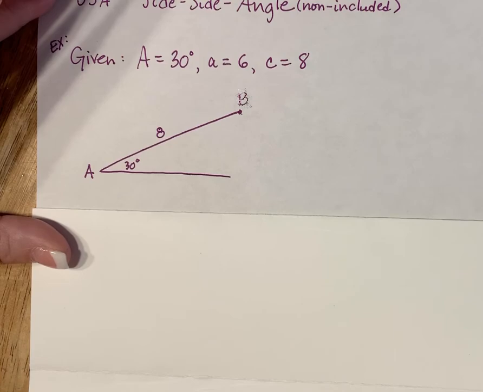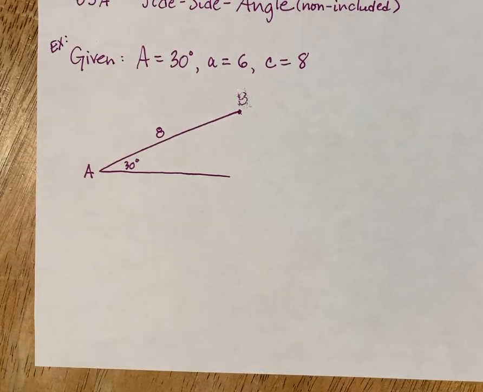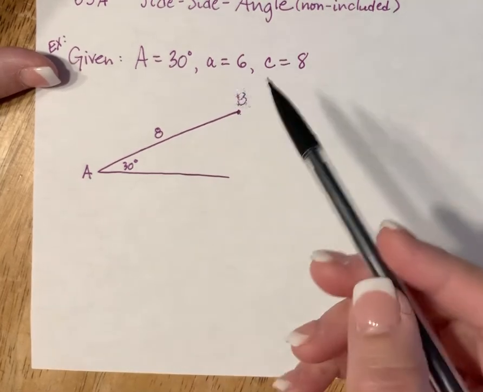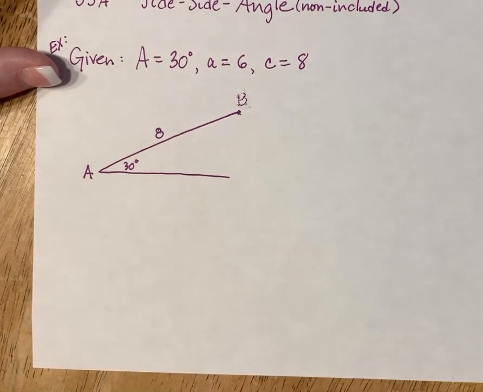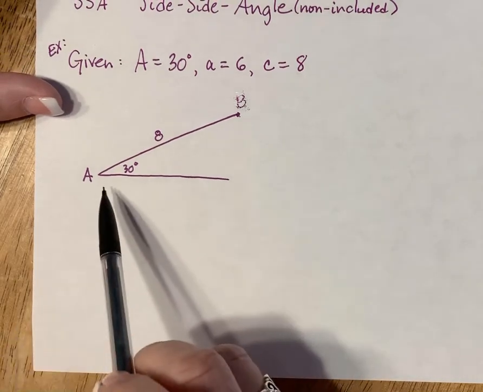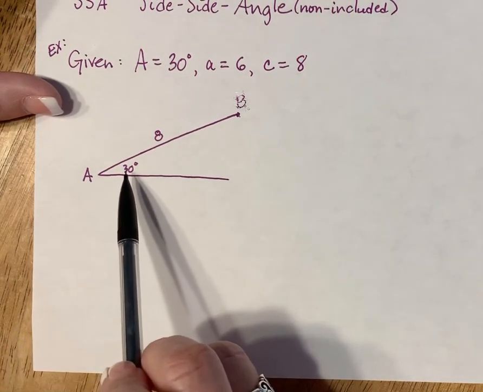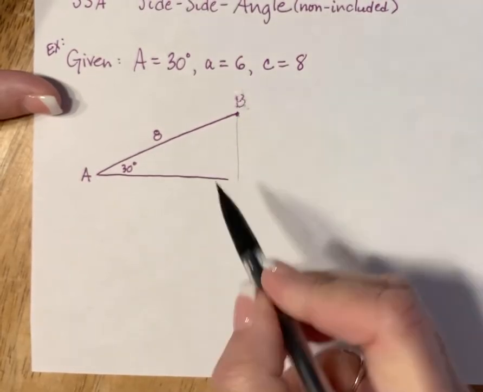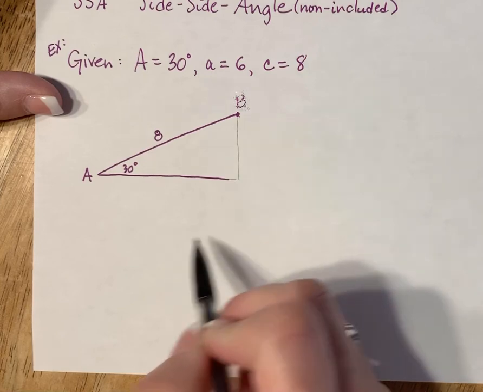All right. We know that side A is equal to 6. The thing is, it could be drawn in potentially more than one place. Right? If you look at this triangle with a 30-degree angle in it, draw a perpendicular just temporarily and make a right triangle here.